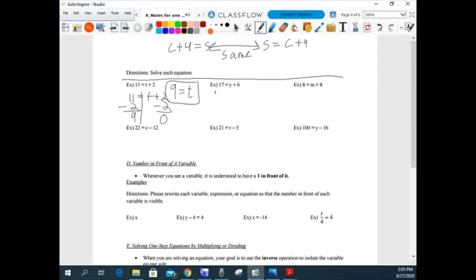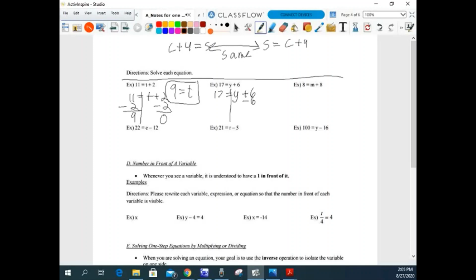Same thing over here. 17 equals y plus 6. If you want to put that line down the middle, go ahead. Plus 6. I need to get rid of that. Opposite of addition is subtraction, and then we use the same number to get rid of it.